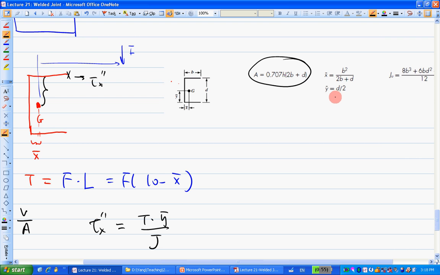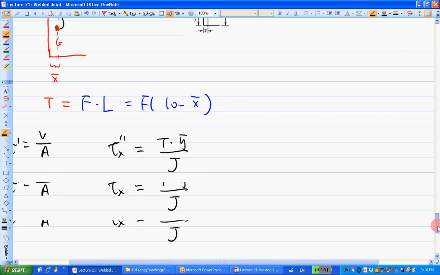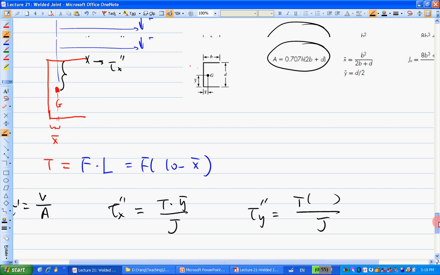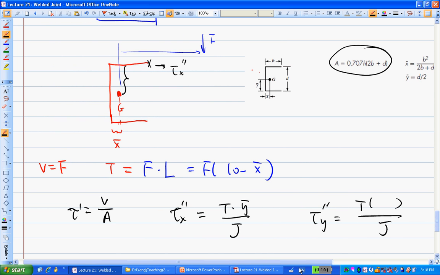That makes sense? A more tricky situation is when the y bar is not half of the D, so you have to be careful. But I don't think they're going to trick you like that. So lastly, tau y double prime is going to be how much? This is another one there. T times what distance divided by J?